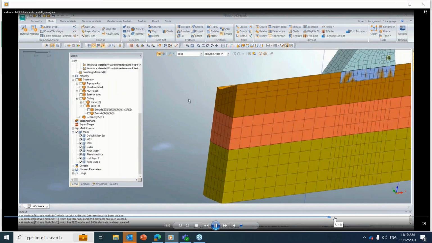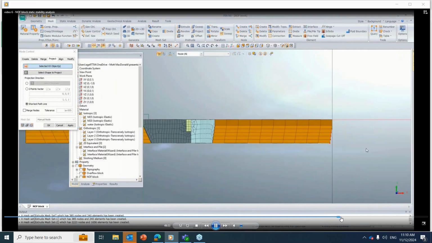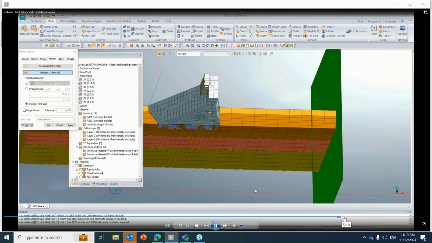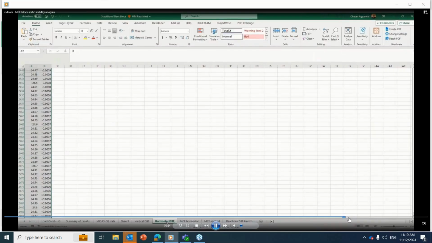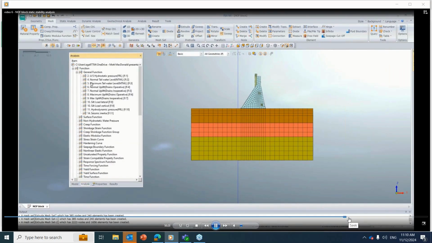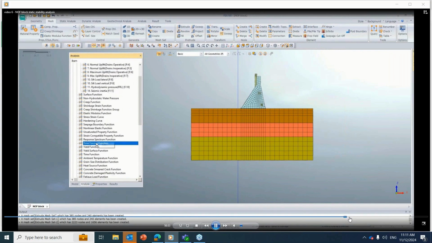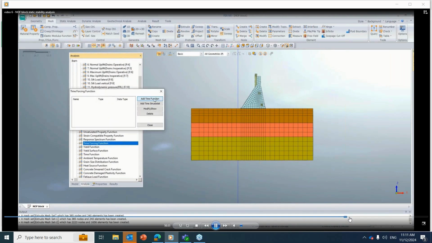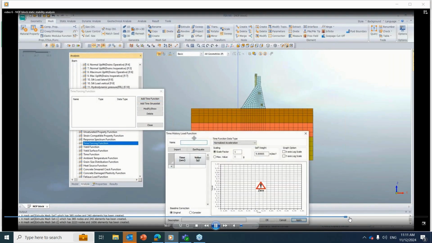Then I had provided the free field boundaries. Either we can provide the free field boundaries or the absorbing boundaries on the side faces, so that the seismic waves are not reflected back and affect our structure. To get a correct structural response, I had applied these free field boundaries. Free field boundaries will absorb all the seismic waves, and will not reflect the seismic forces back to the structure.